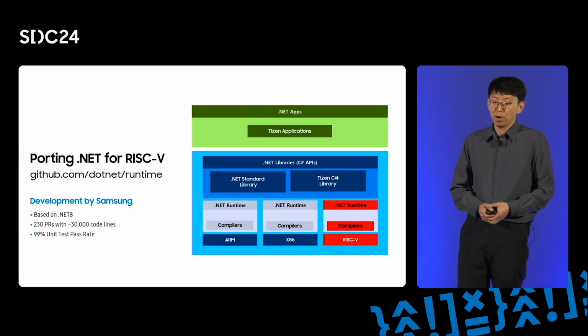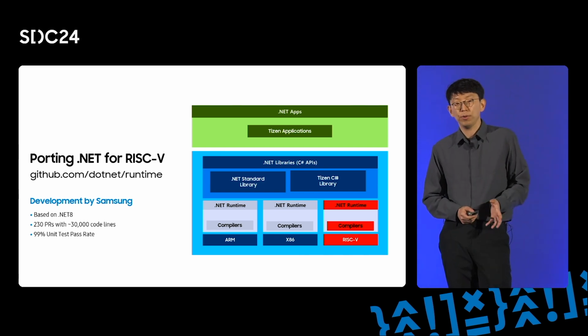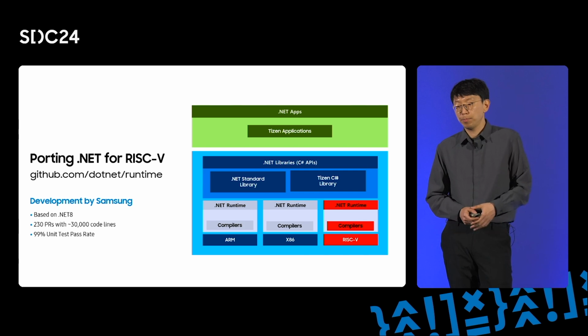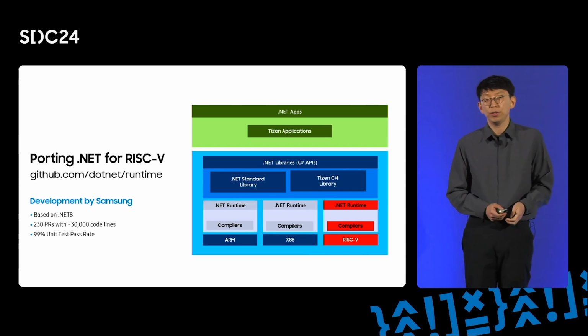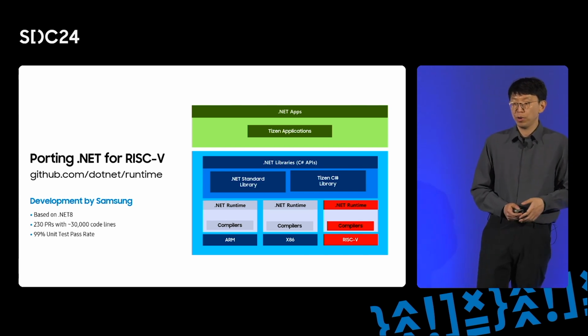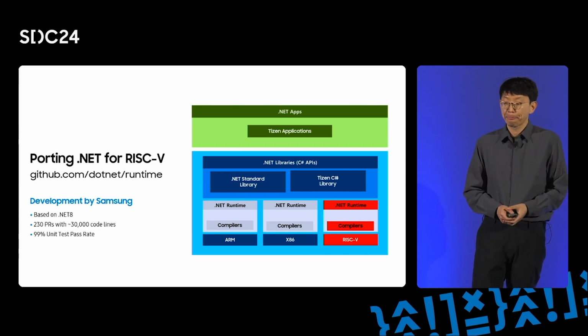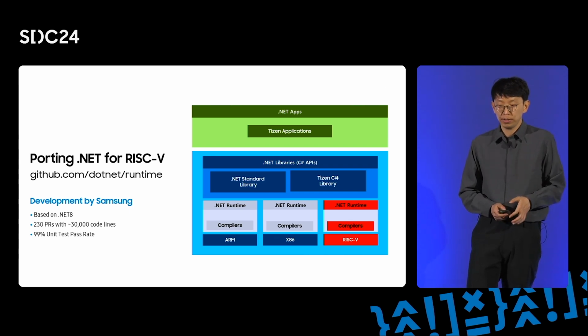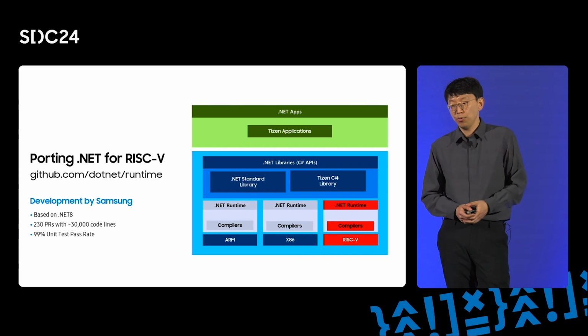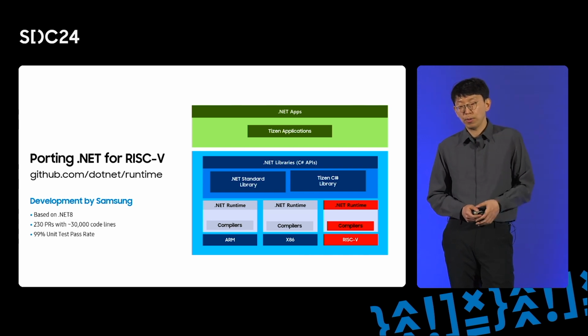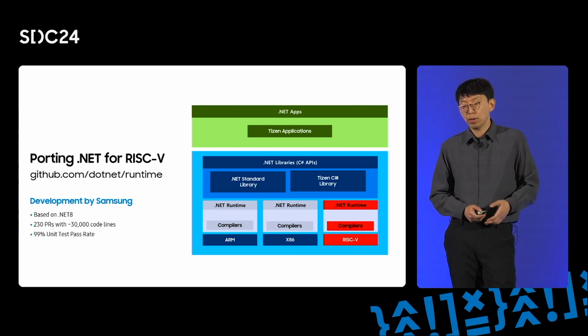The .NET runtime, which is the runtime for C#, supports multiple architectures and operating systems. However, supporting new architectures requires modifying several modules. Specifically, the .NET runtime includes a JIT compiler that generates machine code from intermediate code during runtime, which means we had to develop a compiler backend to support the new RISC-V architecture.